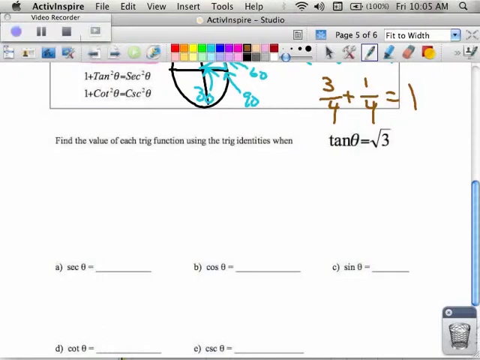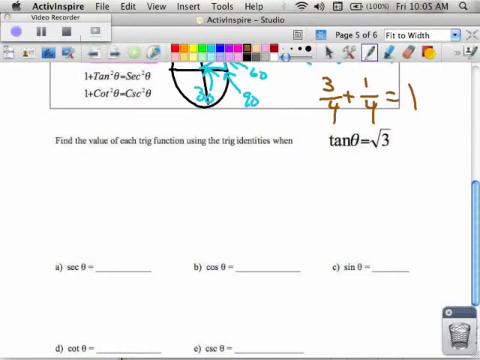Look on your unit circle and tell me, which quadrants are positive for sine? 1 and 2. Yeah? 1 and 2 is correct, because that's where the y values are above the x-axis.